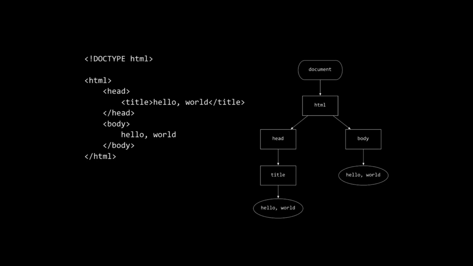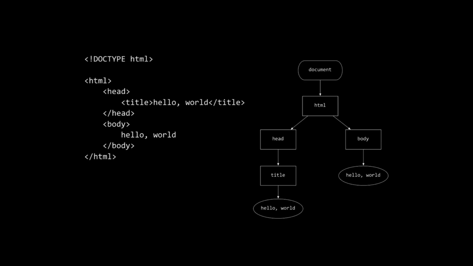But let's take a step back for a moment and review a little basic HTML and JavaScript. So remember that HTML sort of follows this domain object model, which is something of a tree structure. So here we have some very simple HTML, and next to it we have the DOM tree.